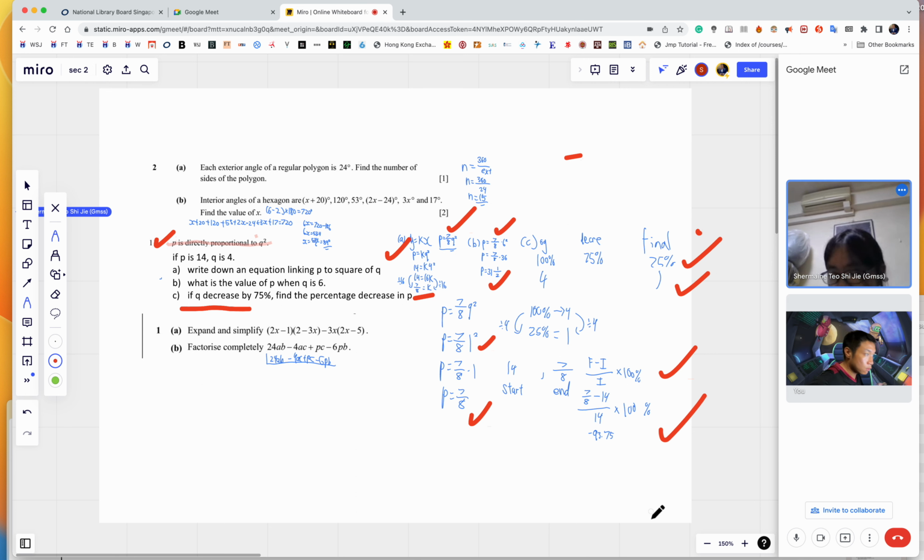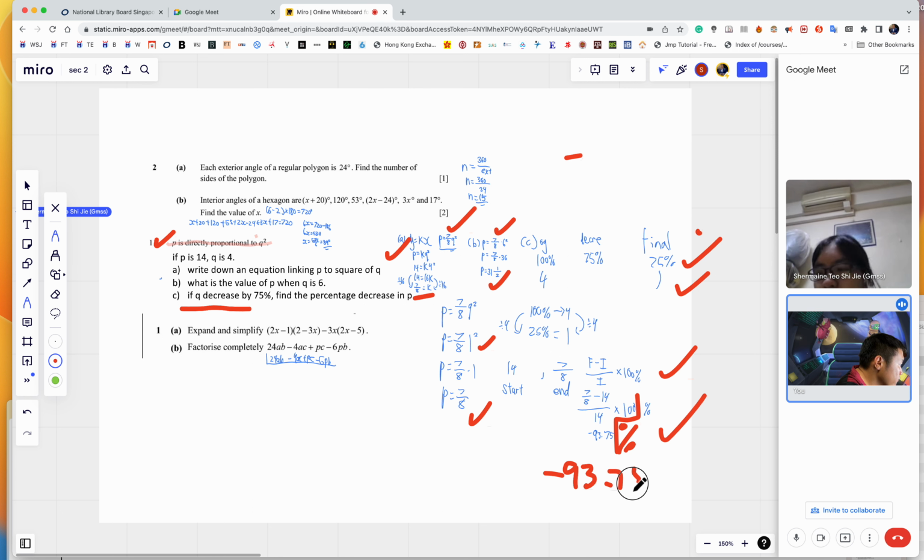Okay? Can or cannot? Yeah. So actually your answer is minus, you use your calculator to do this, but your percentage is minus 93.75%, the answer. But if they ask you the percentage decrease, do you need to put the minus sign in the answer?